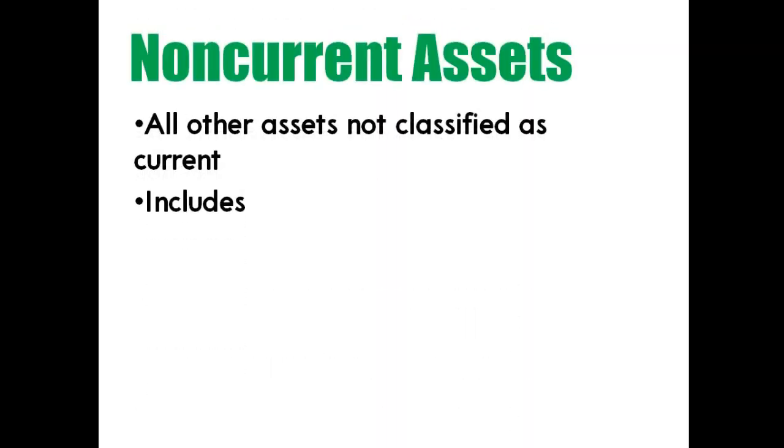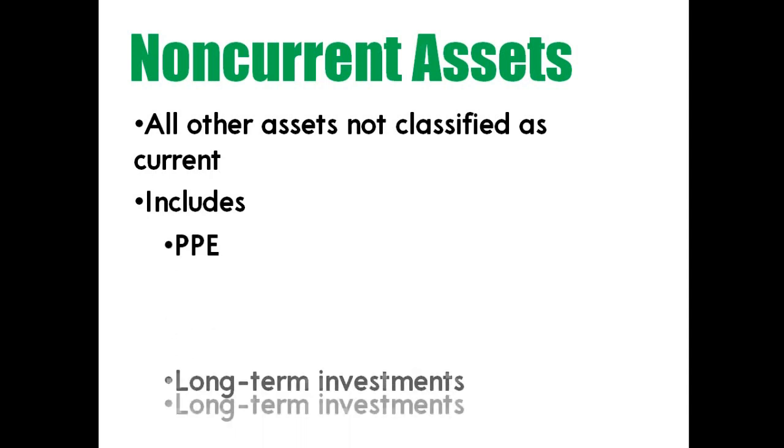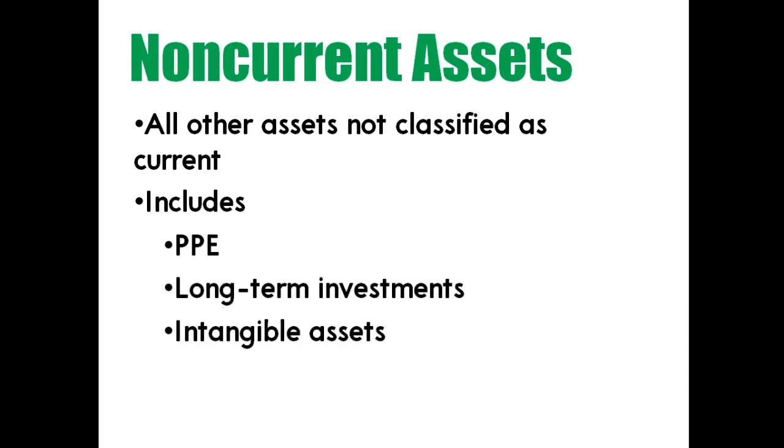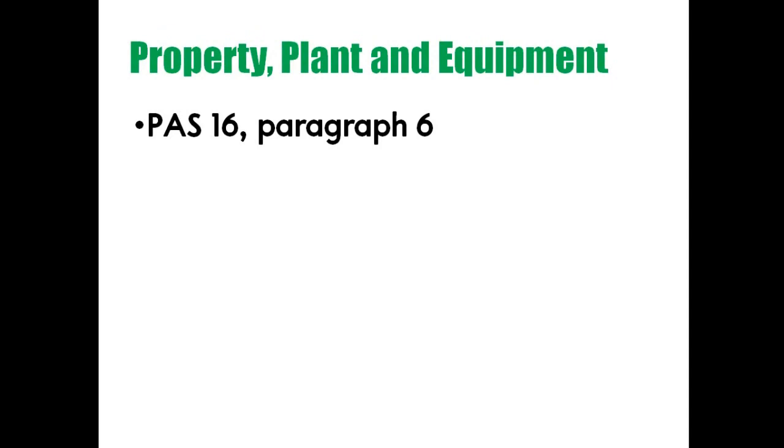Non-current assets. Alam natin na ang non-current assets is actually residual ang definition. That's all other assets not classified as current. Okay? PPE, long-term investments, intangible assets, and other non-current assets. So, isa-isahin natin. Property, plant, and equipment. You have PAS 16.